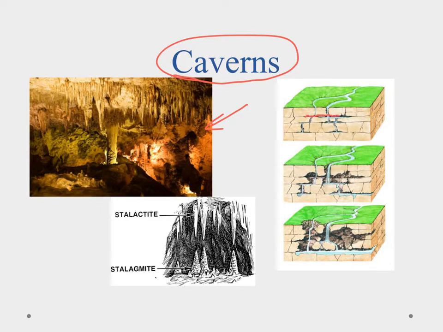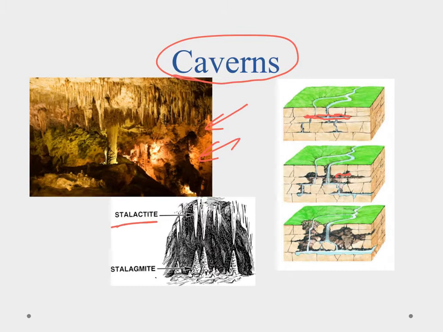The minerals that form the limestone are soluble in water. So as that water flows through it, it takes away those minerals, and it creates these large empty pockets, which ultimately we call caverns. So you can see how they're formed just from the water going through, dissolving away the rock and taking it with it.